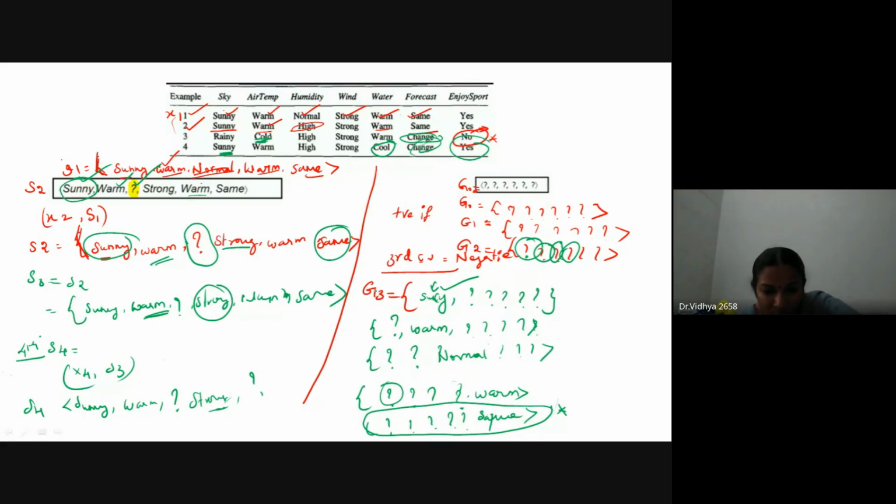So we get a question mark in the fifth place of S4, and similarly one more question mark due to the mismatch of contents. If there are different values, it should be given as a question mark. So these are the steps we have followed: sunny, warm, question mark, strong, question mark, question mark.